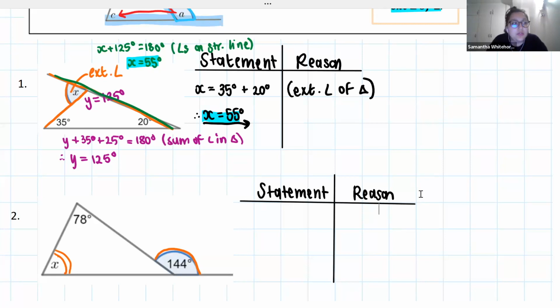So if you aren't 100% sure, take your answer, add it to 78, and make sure you get the 144 degrees. I'm going to give you another minute or so.